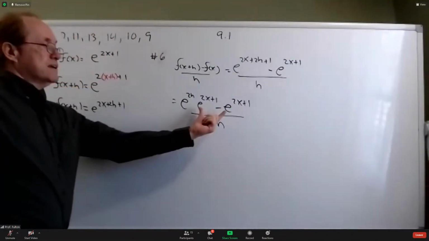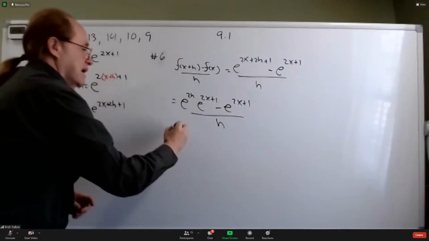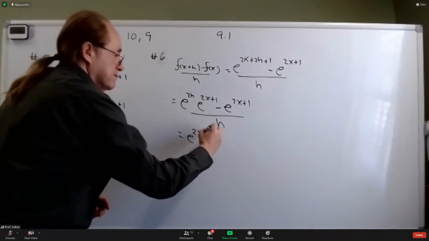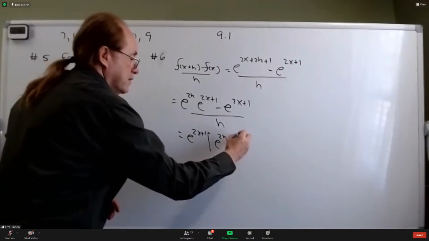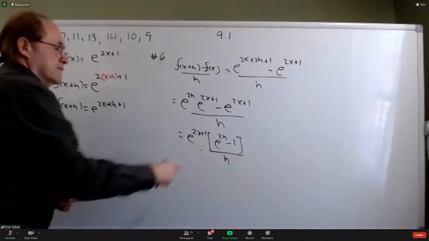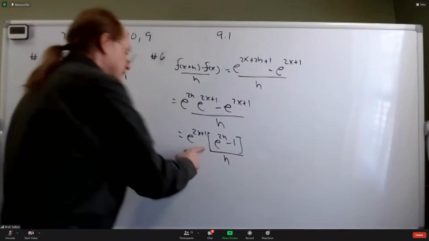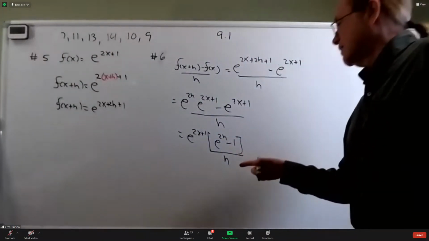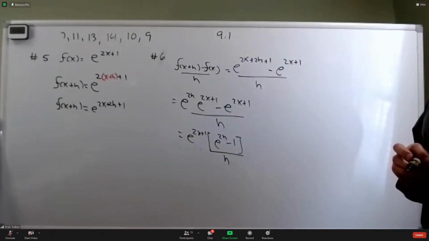Now I see I have a common factor of e to the 2x plus 1, so I factor that out. What do I have left? In this case, I have e to the 2h minus 1 over h. And essentially that's what you have there. That's the form that you want it in. And the calculus will take the limit as h goes to 0, and you'll do some fancy things to find out. You just found the derivative of that.